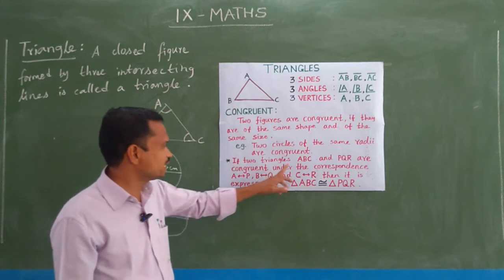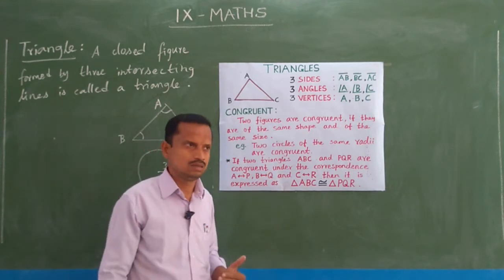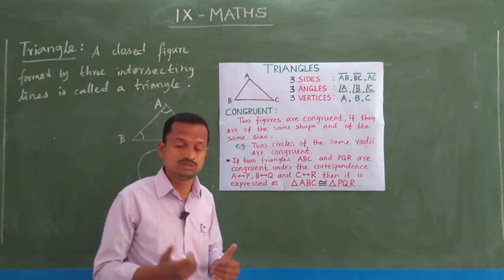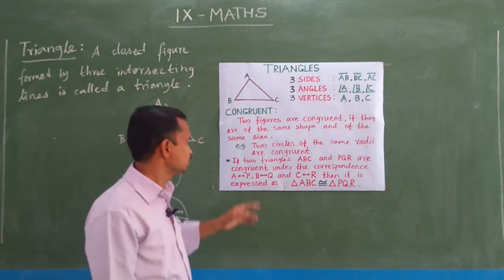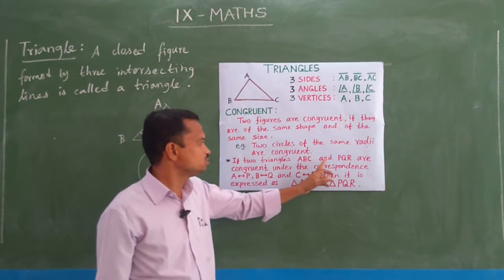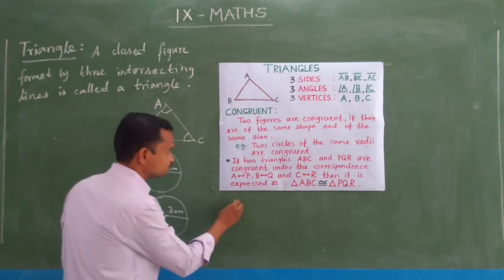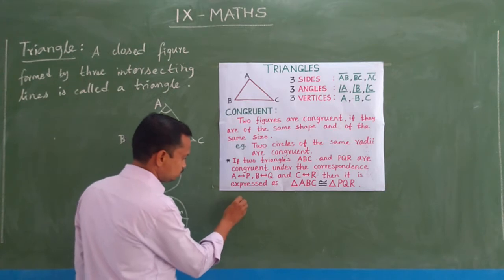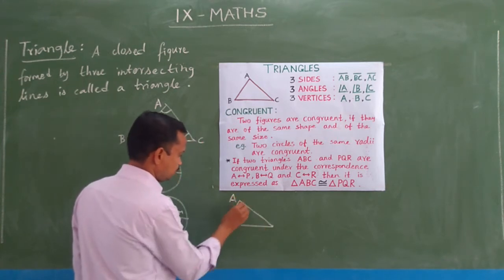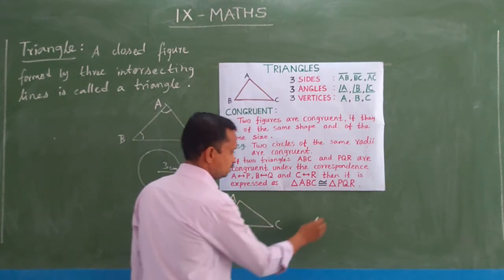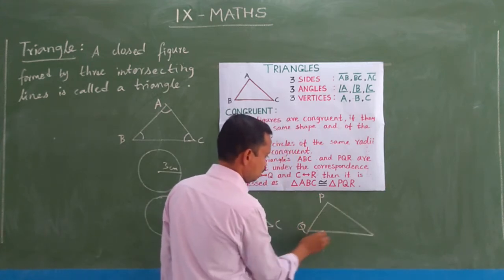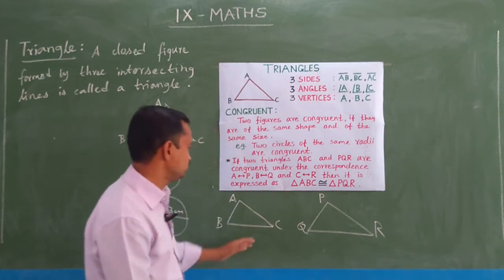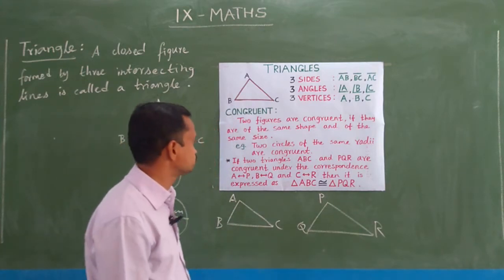Now coming to the chapter on triangles, you are considering two triangles and how to say they are congruent. If two triangles, for example, you take one triangle ABC and another triangle PQR, how can we say these two triangles are congruent?